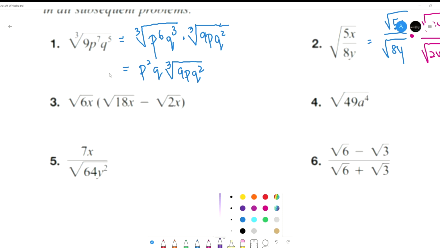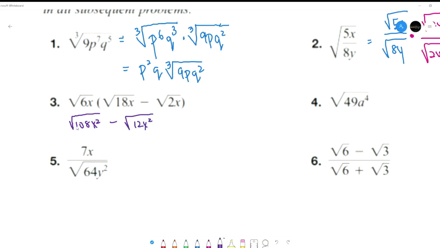All right, so if you did radical 6x times radical 18x, you do get radical 108x squared, right? And then if you subtract radical 12x squared, you can then simplify, right?